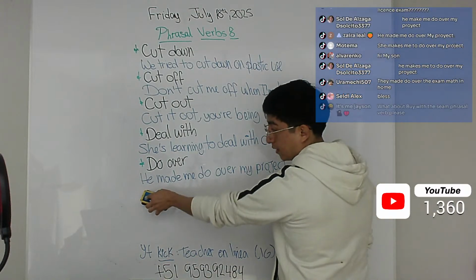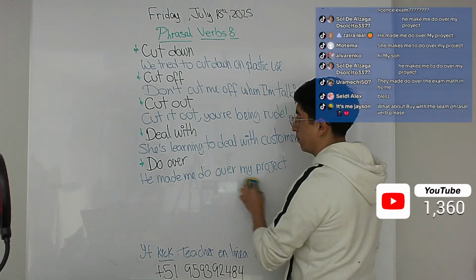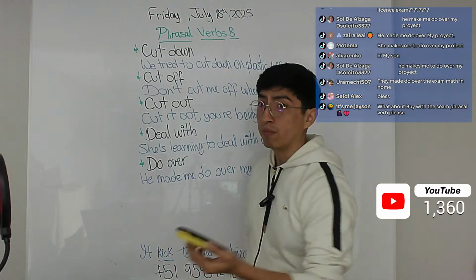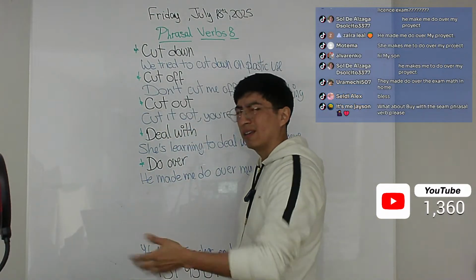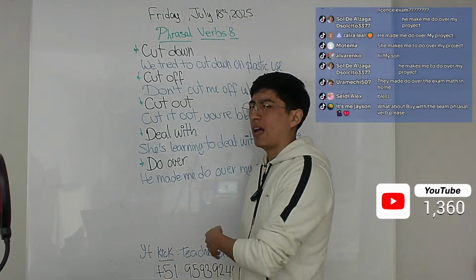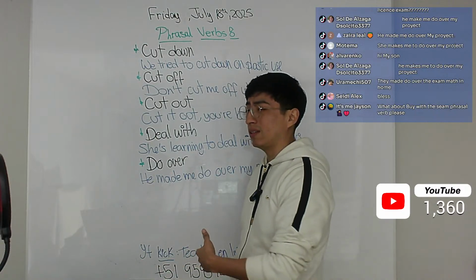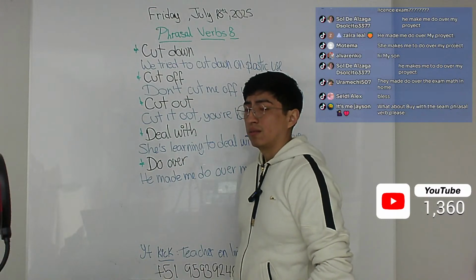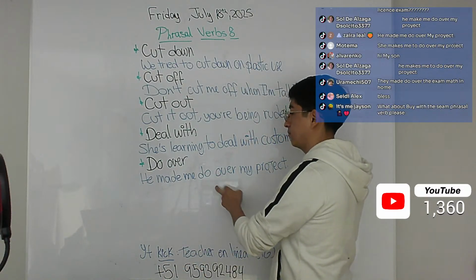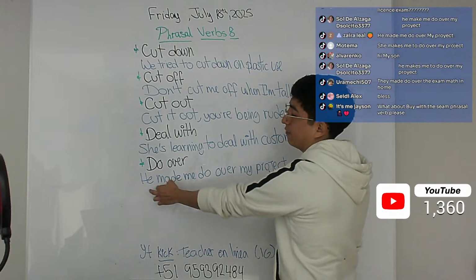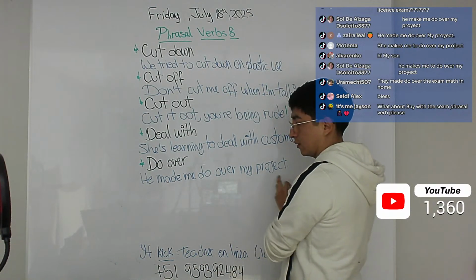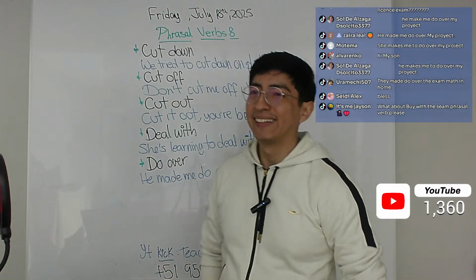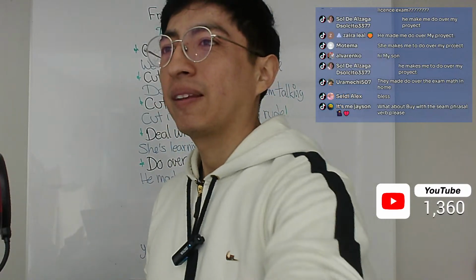So the teacher made me do over my projects. Or maybe my mom or my father say, oh, this project is incomplete. This project is a disaster. You have to make it over. So my father, my mother made me do over my project. It could be possible.